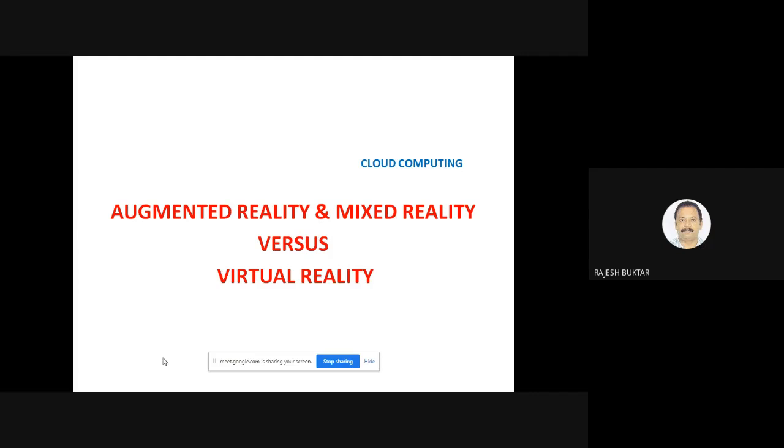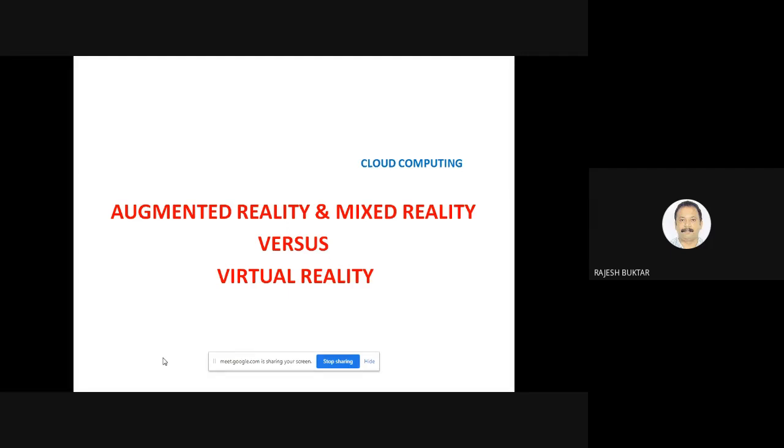In virtual reality, a completely virtual environment is created. In the earlier sessions, a lot of experts might have discussed the hardware and software used in virtual reality, where a footprint might have been created in your mind that in virtual reality, everything is virtual.